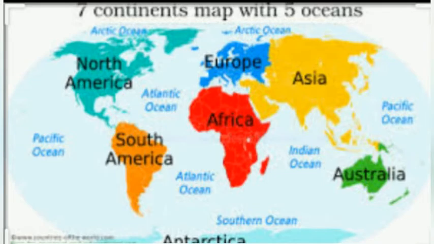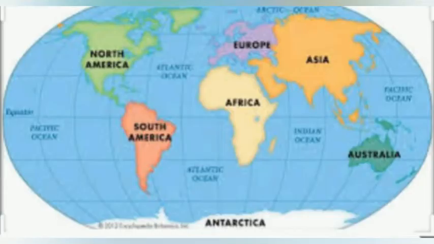There are 7 continents, namely Asia, Africa, North America, South America, Antarctica, Europe, and Australia. The continents are land masses of large size. Asia is the largest continent in the world, while Australia is the smallest.